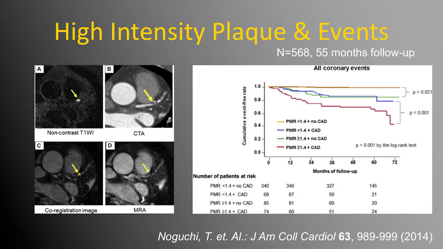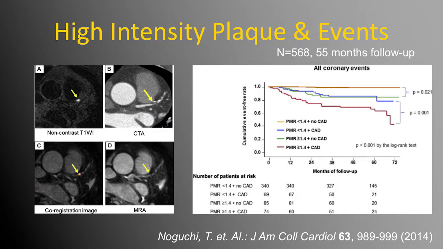This is kind of a calculation with some fudge factors in there, but nevertheless, if you look at this plaque here that is enhancing, this would have a higher PMR value. So when they were looking at the event rates, it was very clear that more events happened in those patients who showed these plaque features and had coronary artery disease defined by X-ray angiography.